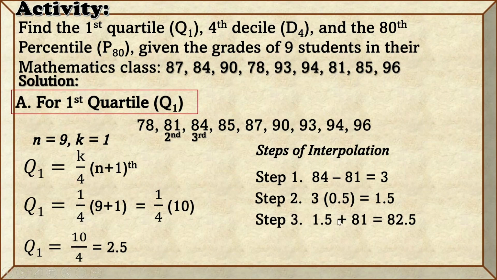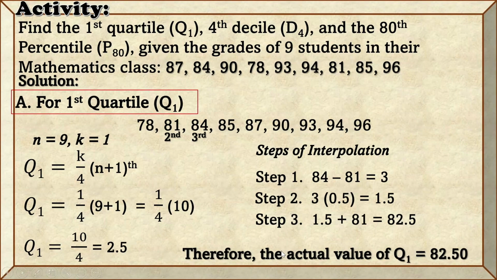Then, step 3, i-add natin yung result ng step 2 sa second grade, which is 81. So, 1.5 plus 81 is equal to 82.5. Therefore, the actual value of first quartile is 82.50.